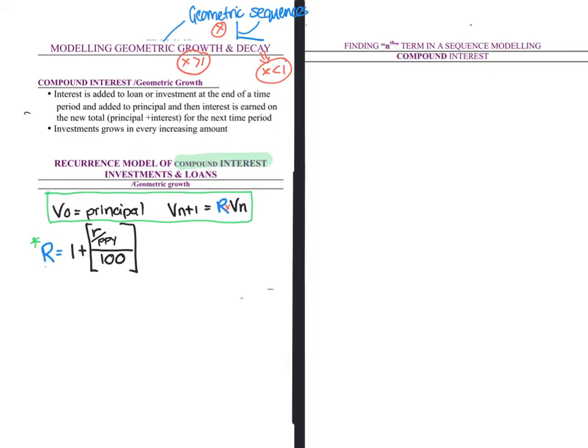So this will be our recurrence formula that we're going to follow, and the way we calculate R, we'll use that. Also, Vn is always the value of the term at that time, or the value of the investment, loan, after n periods.